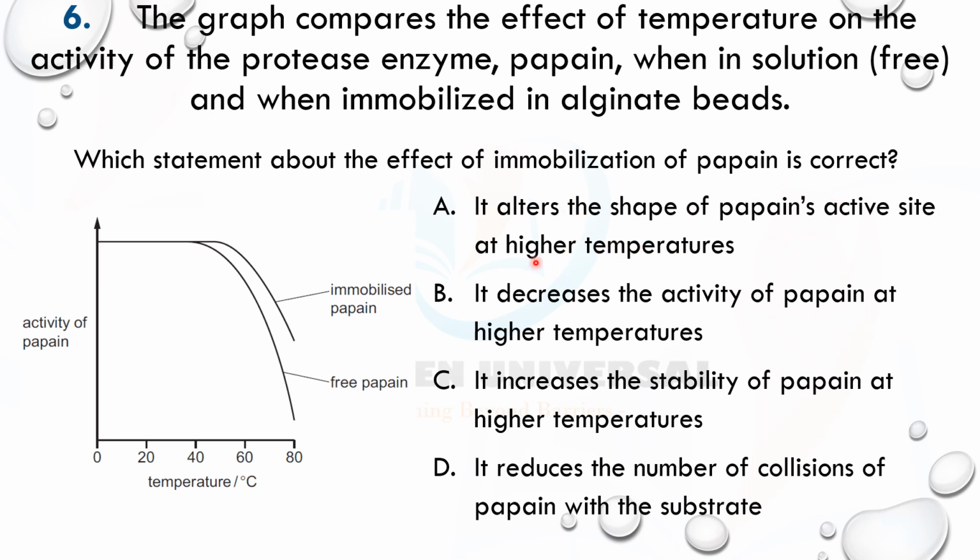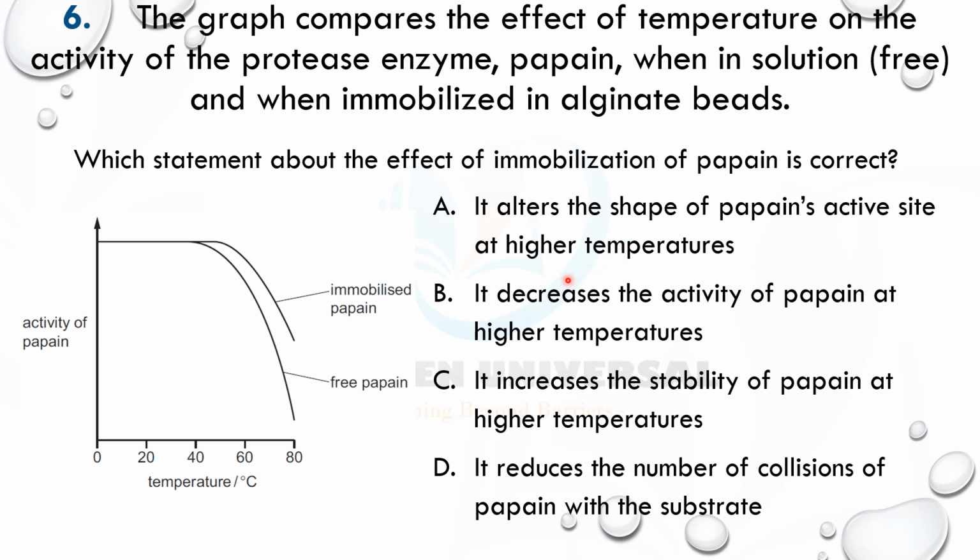No, this is wrong. Remember that the activity of papain decreases faster in the free enzyme. So that means that the immobilized one is still most reactive at higher temperature. For the free enzyme, of course, the activity is low at high temperature, while the immobilized one is still high. So it didn't alter the shape of papain's active site.